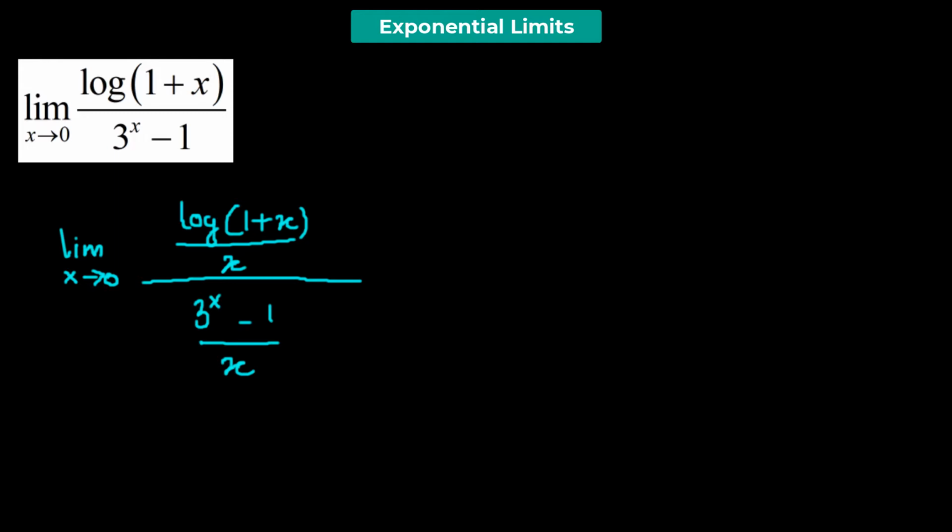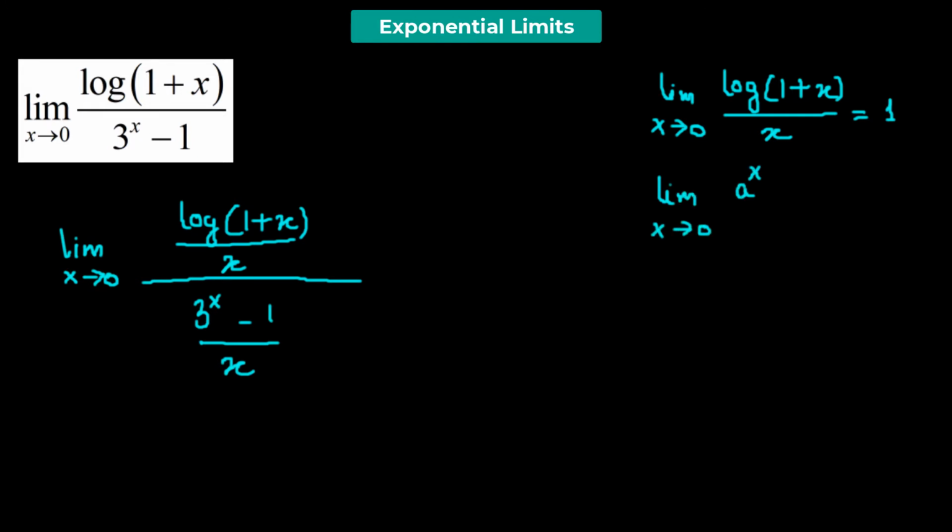Now we know the definition: limit x approaching 0 of log of 1 plus x divided by x is equal to 1, and limit x approaching 0 of a raised to the power of x minus 1 divided by x is equal to the natural log of a.